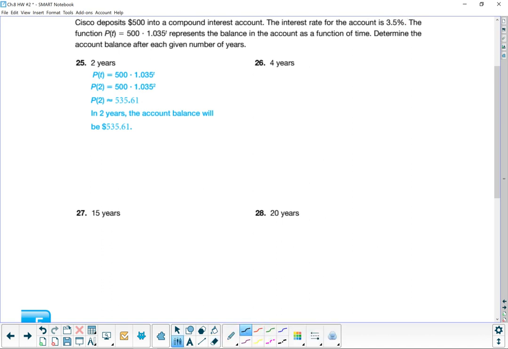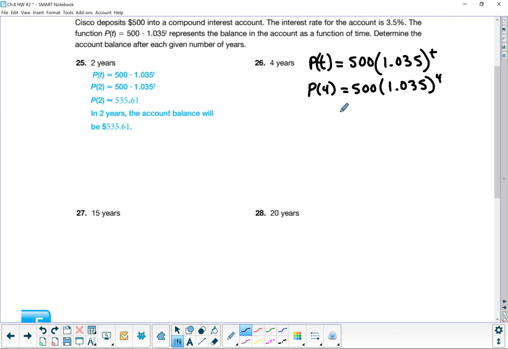So we will start with P of t equals 500, parentheses 1.035 to the t power. I know they didn't use parentheses, but they could have, just to make it a little easier on the eyes. We want to know 4 years, so it would be P of 4 equals 500, parentheses 1.035 to the 4th power.